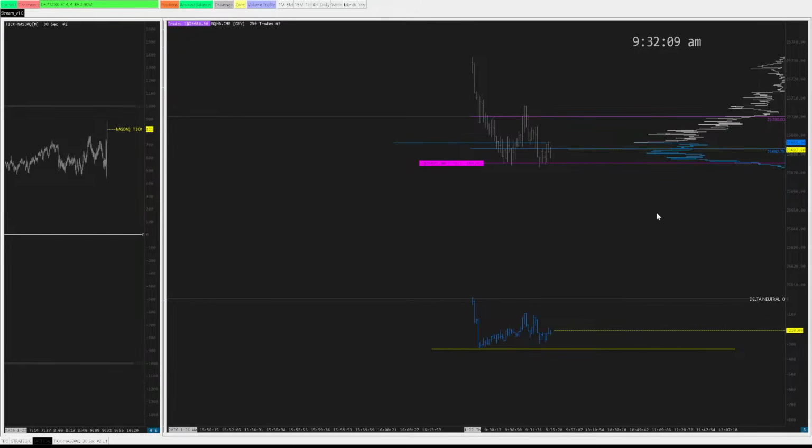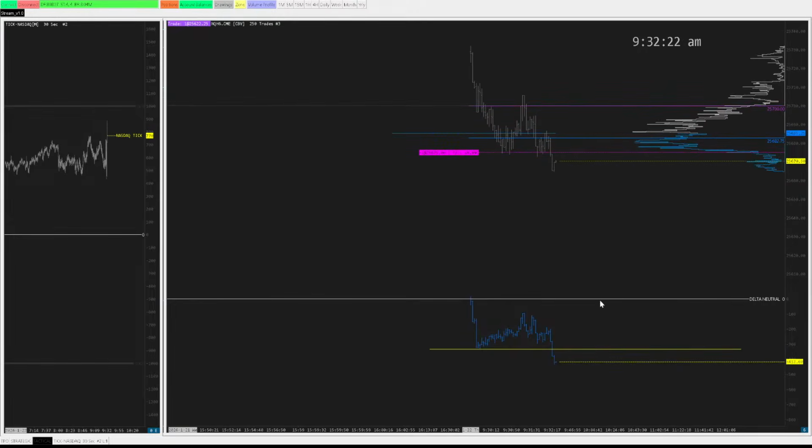Tick's rallying though. Okay, so we are short. And that's really, again, just based on this momentum down, right? Out of the gate, order flow is negative. And then we get this break right here.